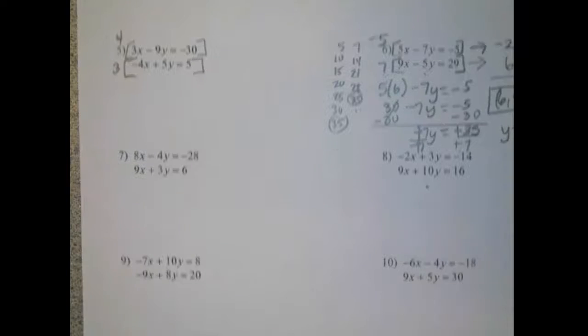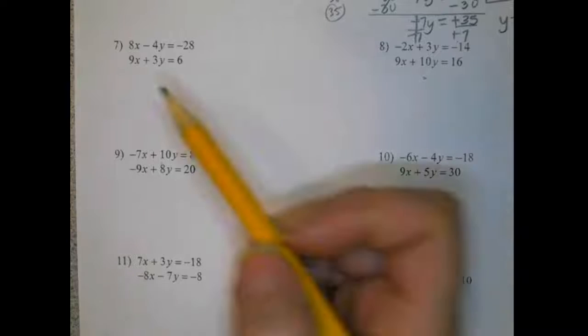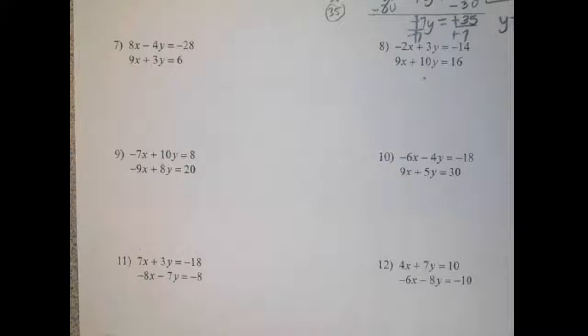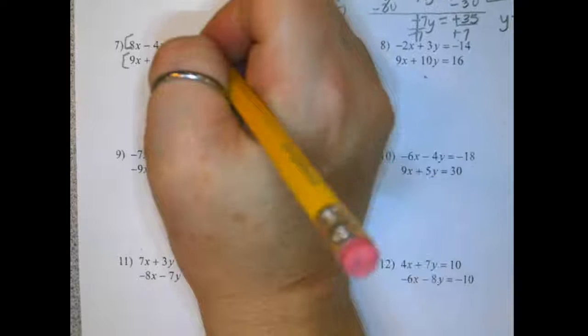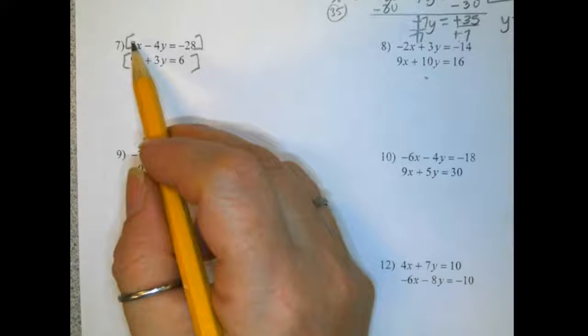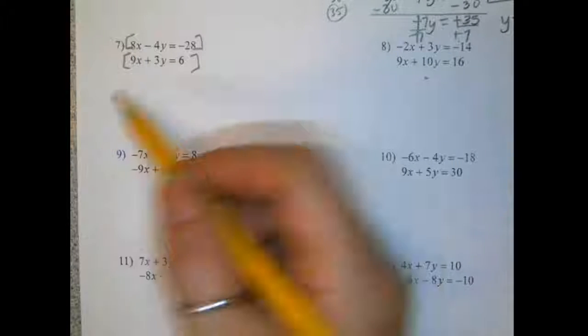We did 6, let's look at number 7. 8 and 9, 4 and 3. What do you think I could do? I'm going to have to multiply both, right? So I'm going to bracket my top and my bottom. And should I look at my x's or my y's? 12 or 72? Let's do 12, right?